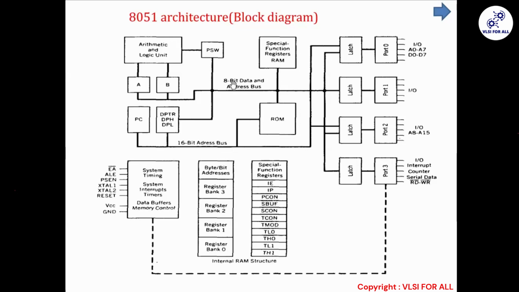Our RAM is 8-bit, the data we are dealing with in the microcontroller is 8-bit, whereas the program address we are dealing with is 16-bit. So how is it coming inside? Obviously, in two parts it has to be taken inside. For example, from some port, if I am taking the address, look here, port 2 and port 0. They are dealing with address A0 to A7, A8 to A15.